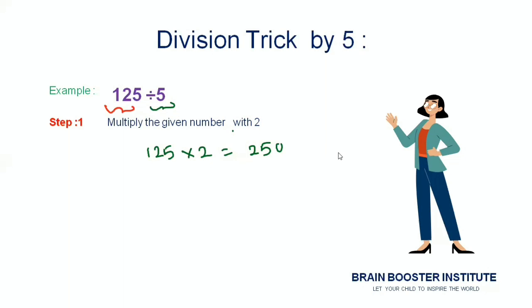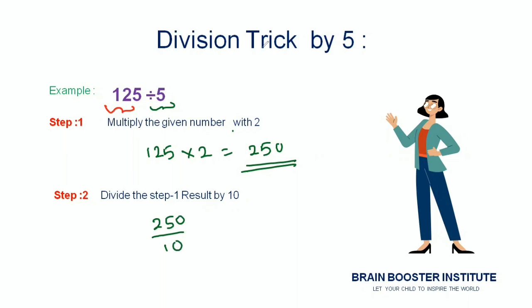Now step 2, divide the step 1 result by 10. That's very simple. The step 1 result is 250. Now let us divide 250 by 10, my dear friends. As you know, this 0 cancels, so the result will be 25. You can check with your traditional division method here.